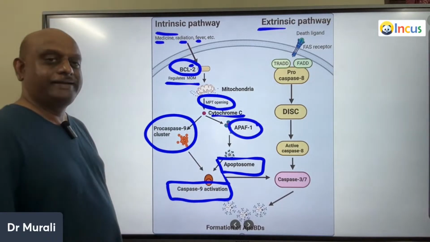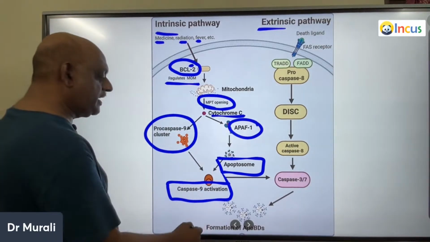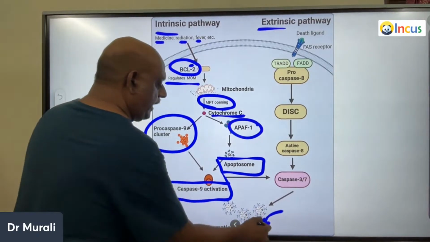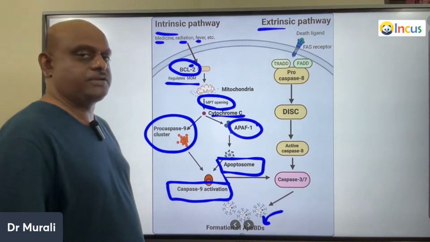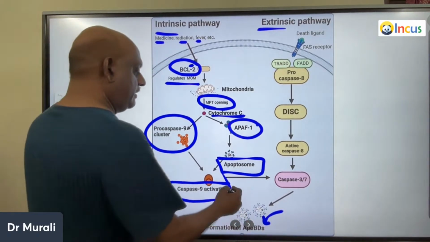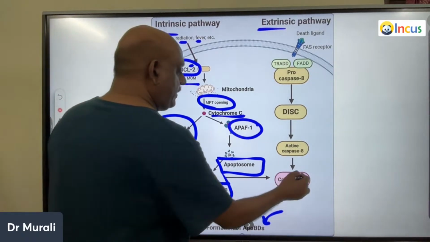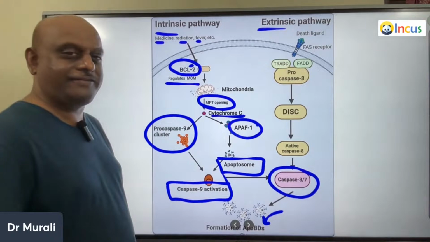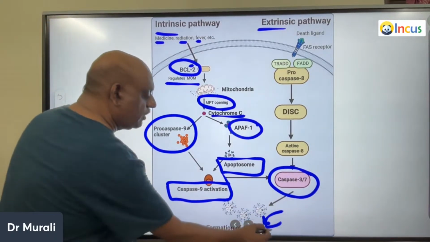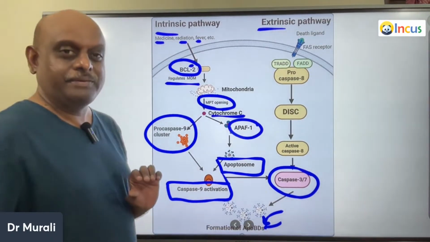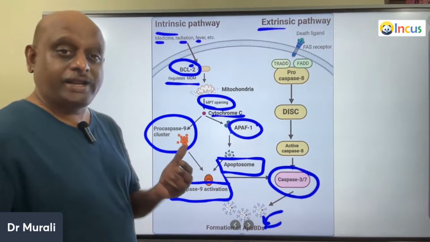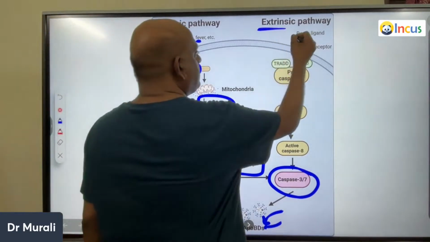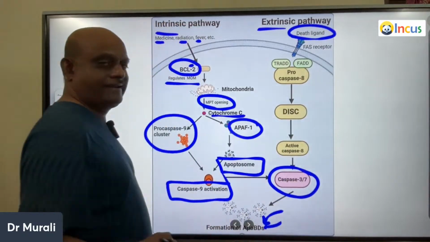Now, this caspase 9 activation will lead to apoptotic bodies. The caspase 9 activation also will cause caspase 3 and 7 to get activated, which in turn will lead to the formation of the apoptotic bodies. Now, the extrinsic pathway: there is a death ligand.